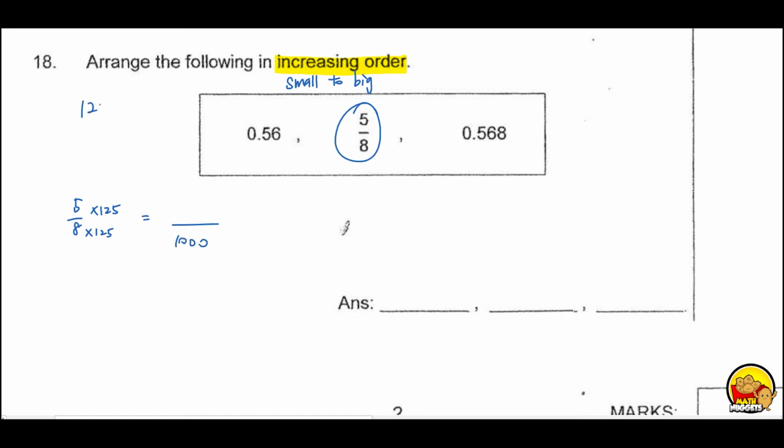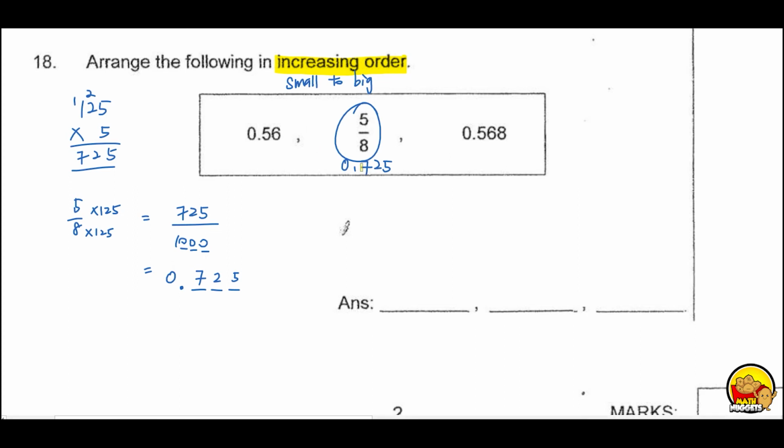So 125 times 5 is my numerator, which gives me 625. So 625 out of 1000, 1000 means 3 decimal places. So it's point blank, blank, blank. I have 0.625 for 5 out of 8.